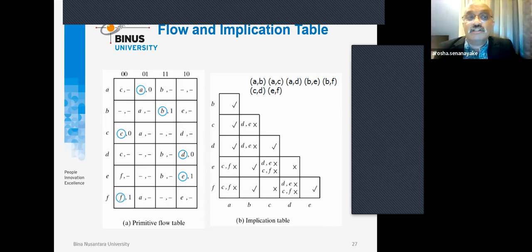Am I correct? So then the next one, you look at the next column, when input values are 0, 1. So then A, comma 0, A, so that means the next state is A, and the output is 0. But when it comes to B state, column wise, yes, the next state is A, but of course the output can be either 0 or 1.